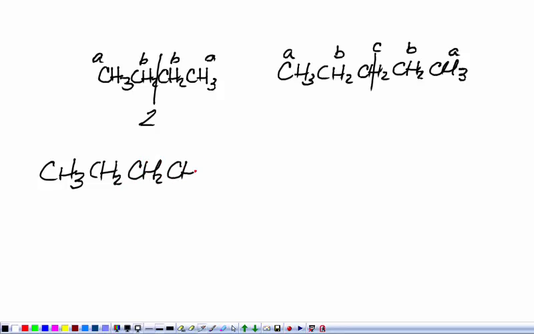That's the same answer that you would get if I asked you this question: how many unique products do you get if you do free radical halogenation on butane, assuming one bromine substitutes for one hydrogen? Two. Well, I told you, it's the same answer as what we had above, which was 2.